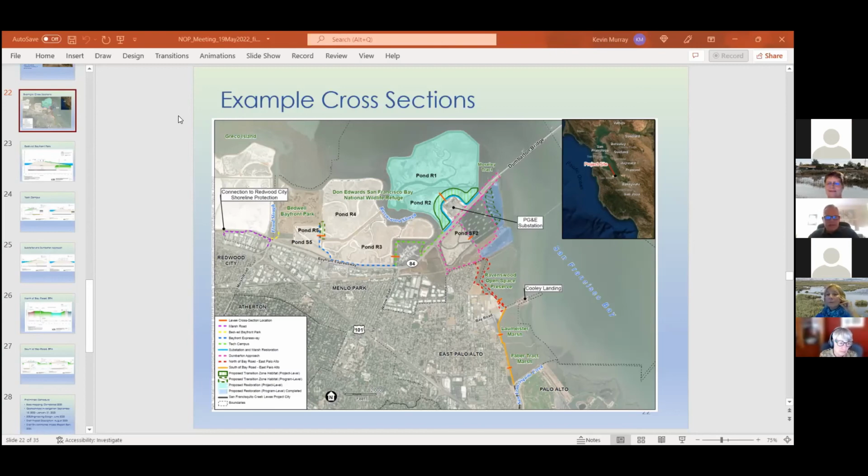And I'll add to that, the original alignments for the area around Pond SF2 were two. There was one that was outboard of SF2, so along the existing levee alignment between SF2 and the bay, and then one that cuts behind SF2.